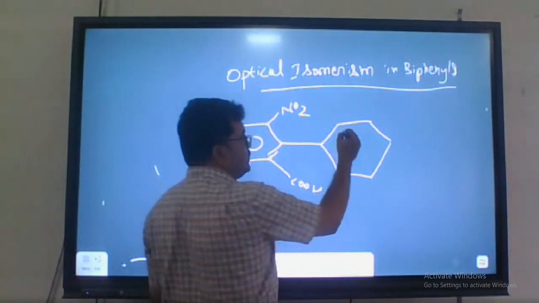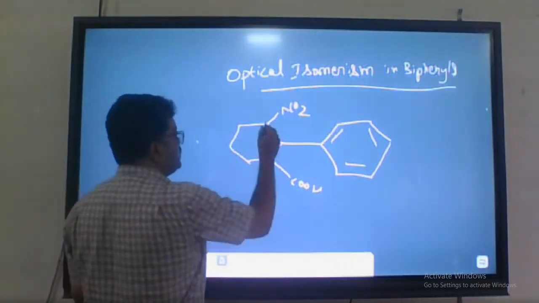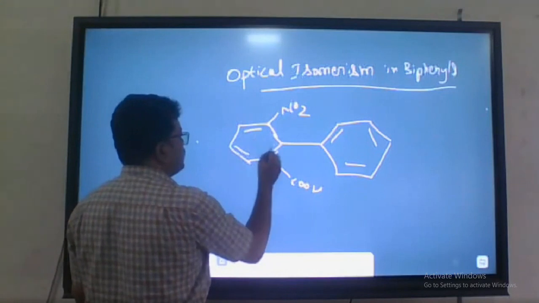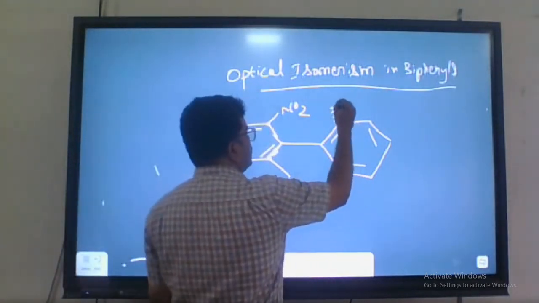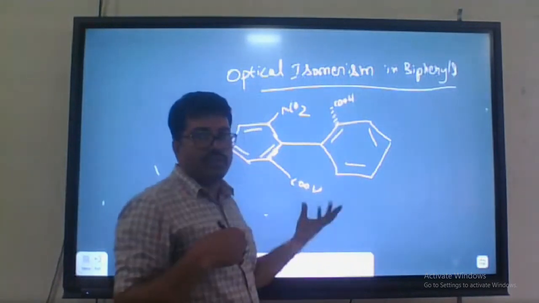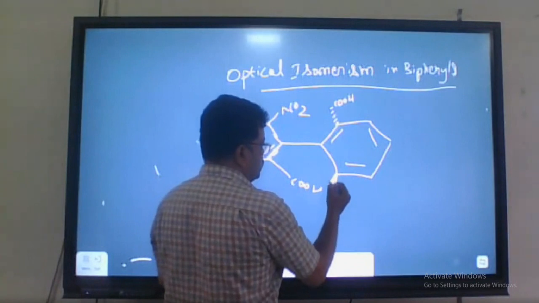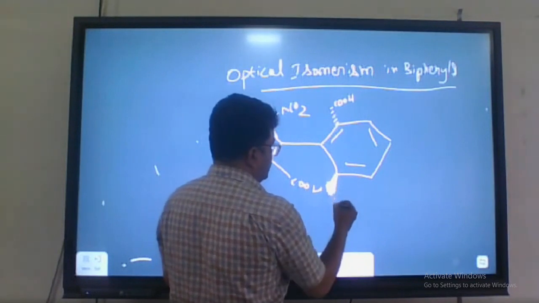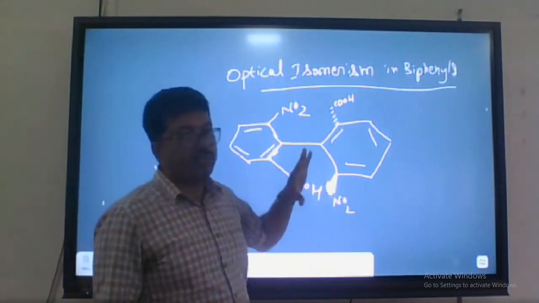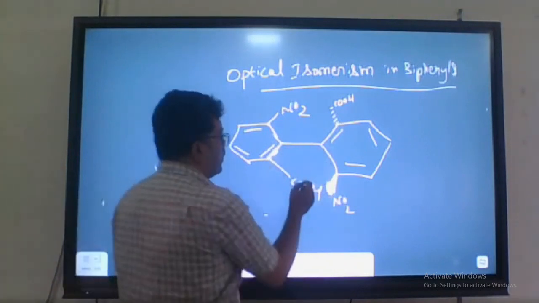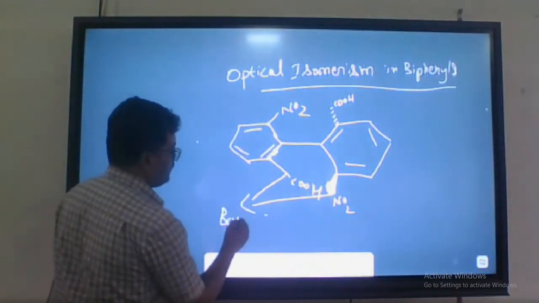This is benzene, this COOH is below, and the other is NO2, above and below.